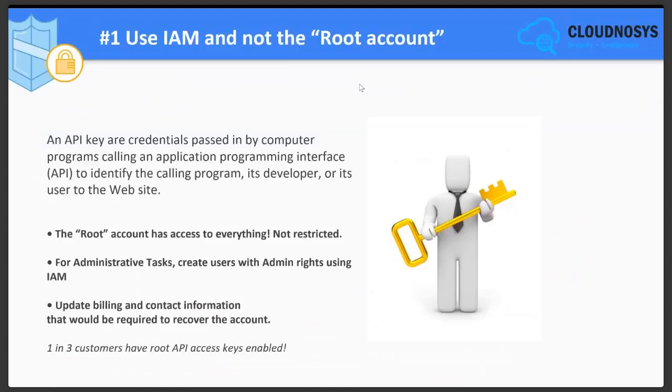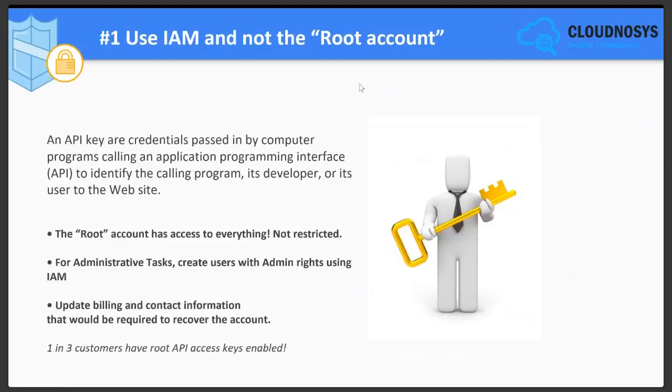Okay, the very first one gets into your core thing, IAM, Identity Access Management. And so IAM has a concept of different types of accounts. One of them is called the root account. And so, you want to make sure that your root account has access to everything. It's not restrictive. And you want to make sure that for the administrative tasks, you create users with admin rights using the IAM.